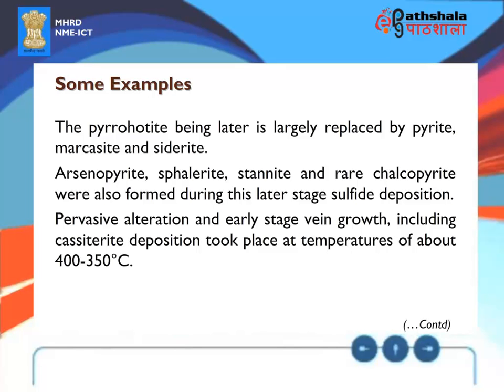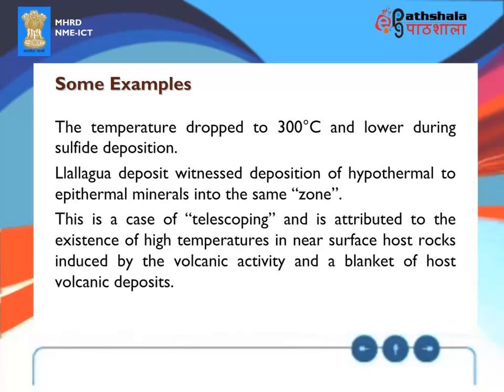Arsenopyrite, sphalerite, stannite, and rare chalcopyrite were also formed during the later stage sulfide deposition. Pervasive alteration and early stage vein growth, including cassiterite deposition, took place at temperatures of about 400 to 350 degrees centigrade. The temperature dropped to 300 degrees centigrade and lower during sulfide deposition.